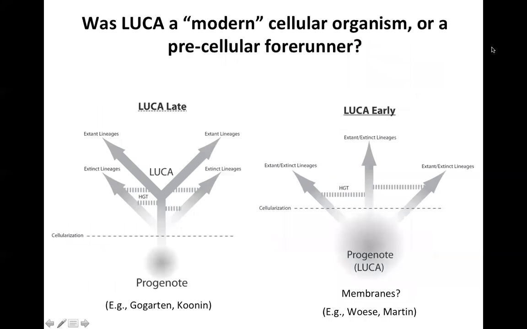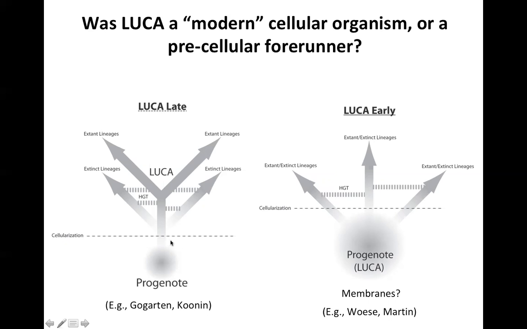One major outstanding question about LUCA is, what is its relationship to cellularity, and what is its relationship to inheritance, to just the rules of Darwinian inheritance? There are two major hypotheses for this. One is the LUCA late model, where LUCA is really just a cellular lineage like anything else. There were many other cellular lineages at the time that did not survive.